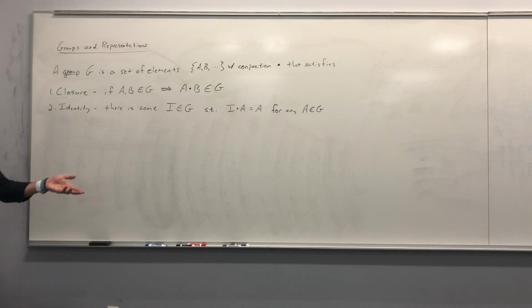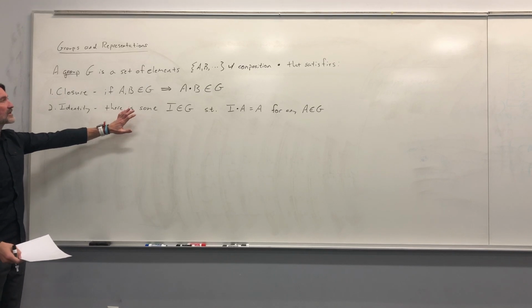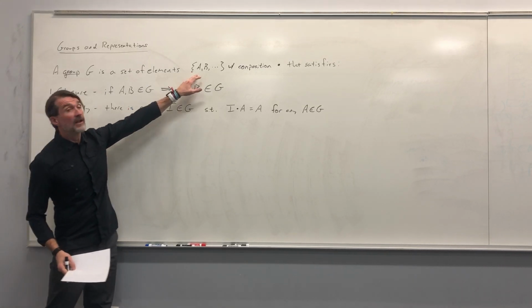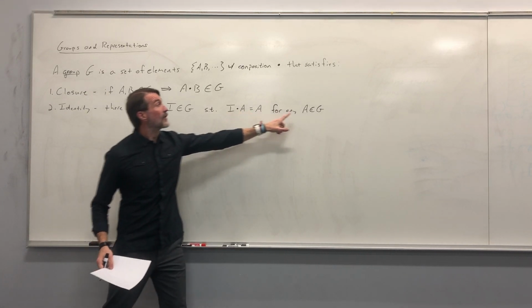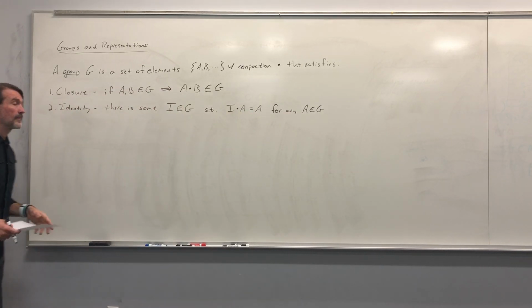If you take the identity and you apply it to something, you get the same thing back. It's that boring. I'm just being careful because I'm saying that I must be an element of the group, and that I dot A equals A for any A in G.